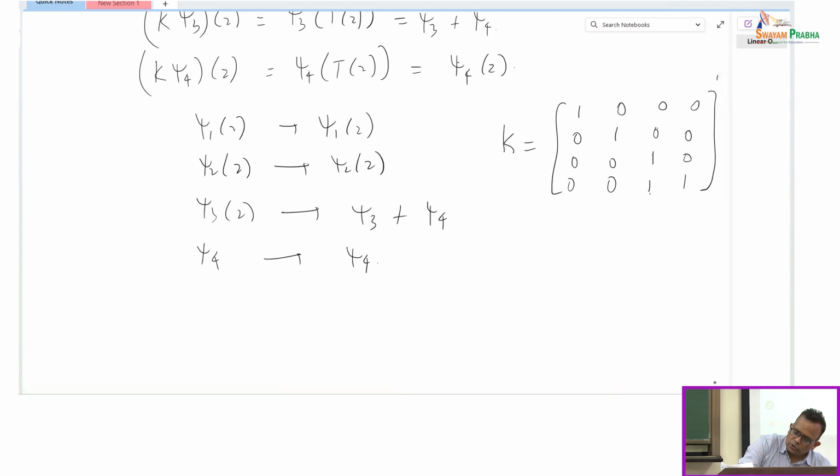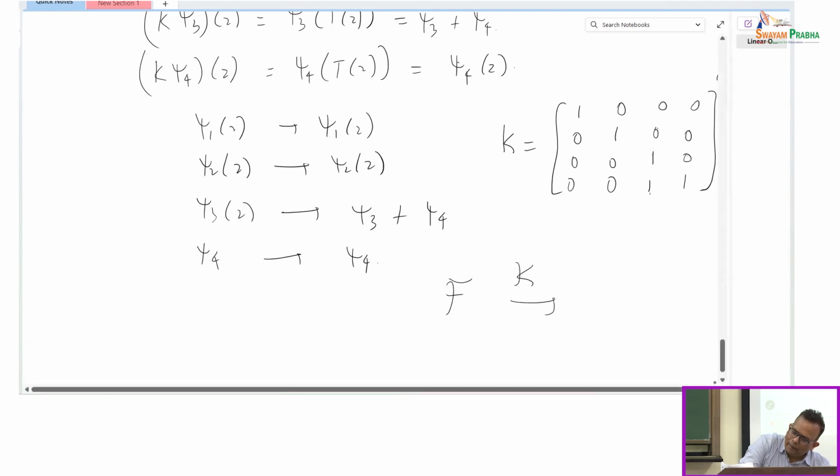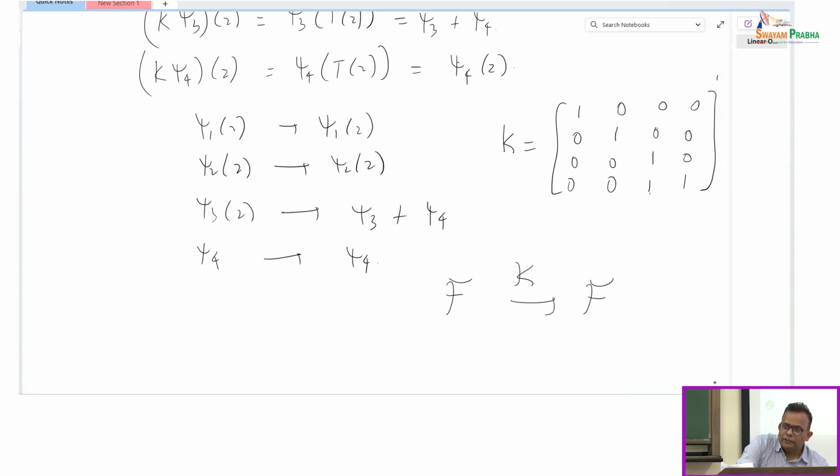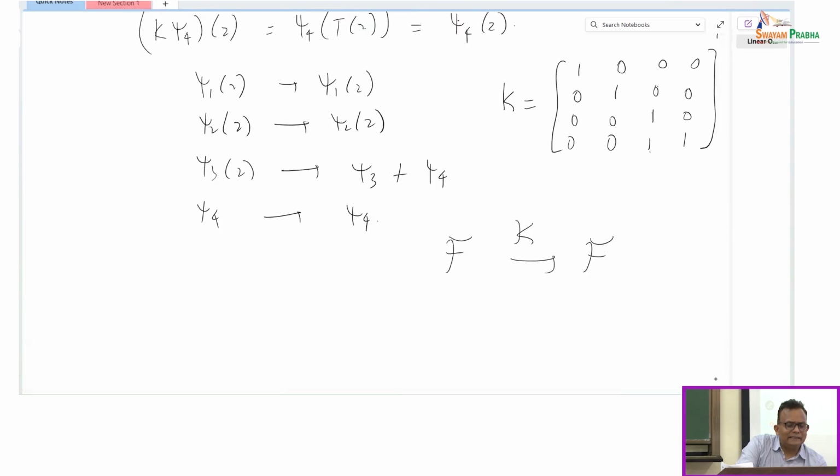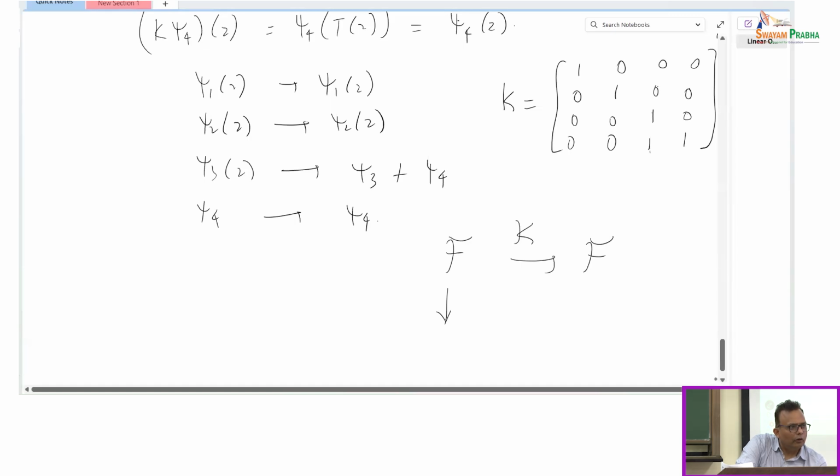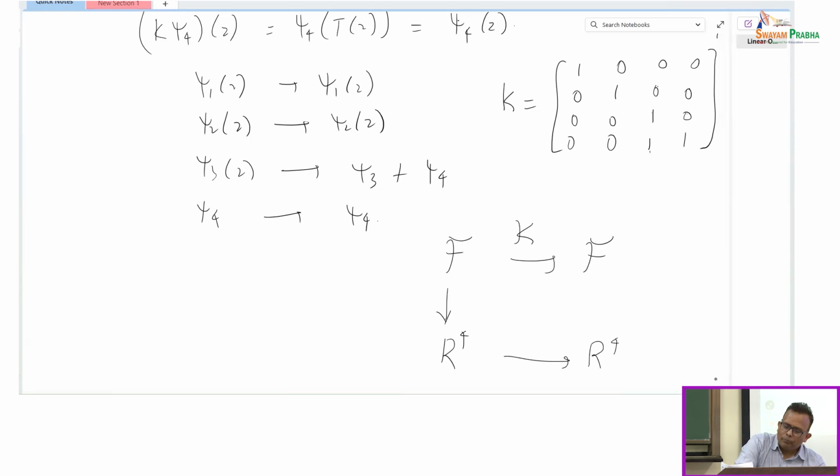So you have this function space, and this kappa is the Koopman operator, so it takes function to function. But what I'm now doing is putting a basis and converting it to a finite dimensional space, in this case a 4-dimensional space, right? So I want to know how the Koopman operator acts on functions, but I'm first putting a basis and converting to a finite dimensional space, and then I construct a matrix K. So this is K and this is kappa, if there is any confusion.